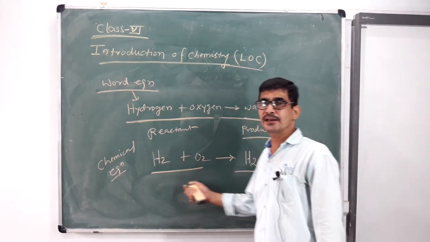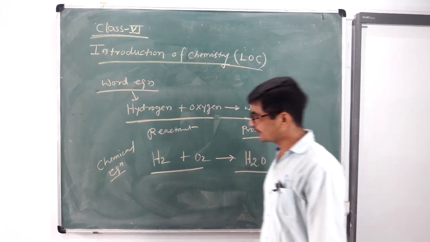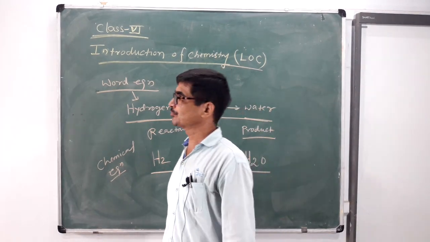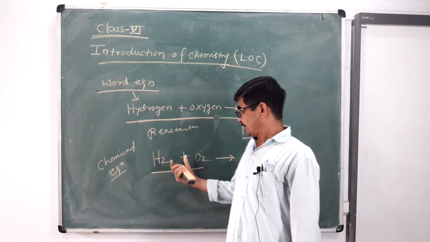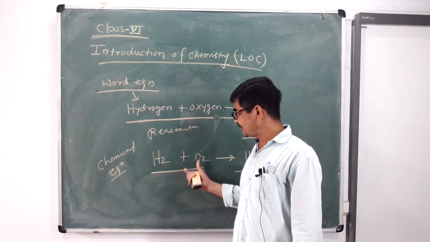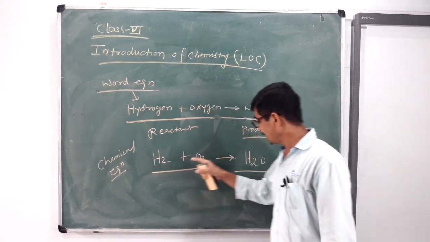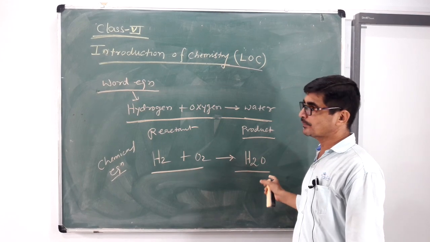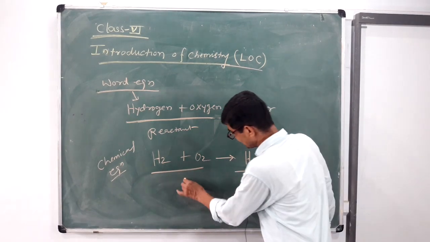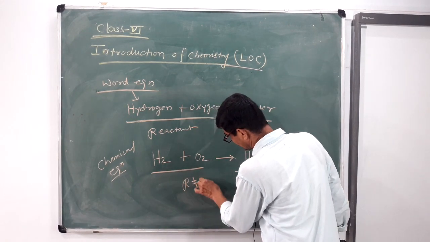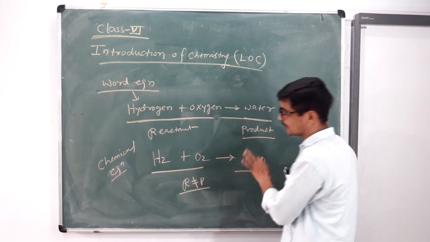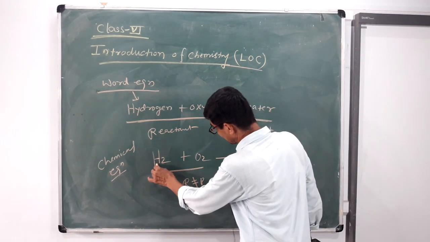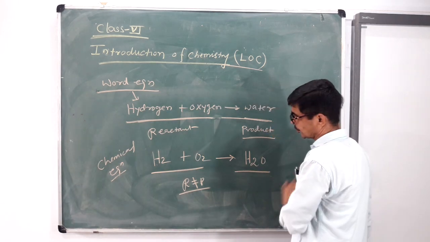Actually it is an unbalanced chemical equation. Unbalanced chemical equation means the number of atoms present in the reactant side is not equal to the number of atoms present in the product side. It means R is not equal to P. So it is called unbalanced chemical equation. Now let us see H2 + O2 gives H2O.